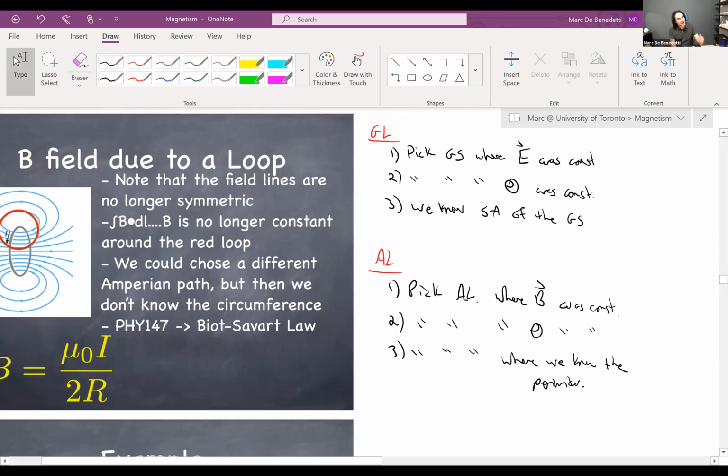As I've explained with Gauss's law, you are going to get the same answer regardless of what shape you pick. That's true with Ampere's law as well. But we're only human. Humans have limitations. If we pick a different shape for Gauss's law or Ampere's law, we as a human may not know enough math or have enough patience to do the math to get that answer using that other shape.